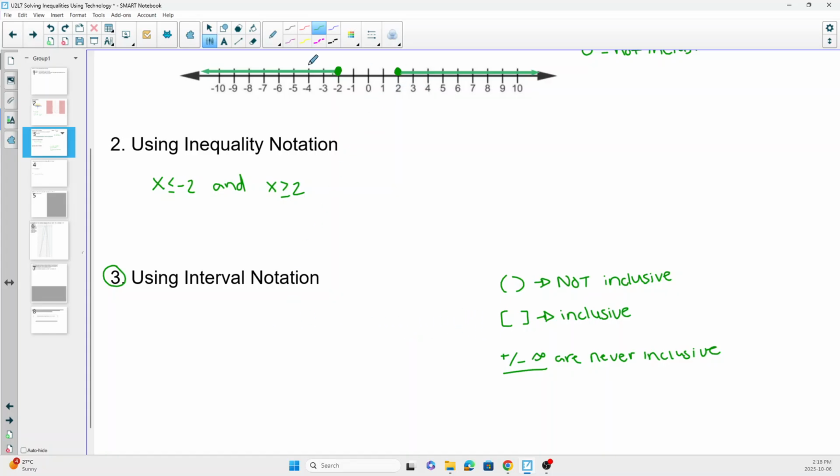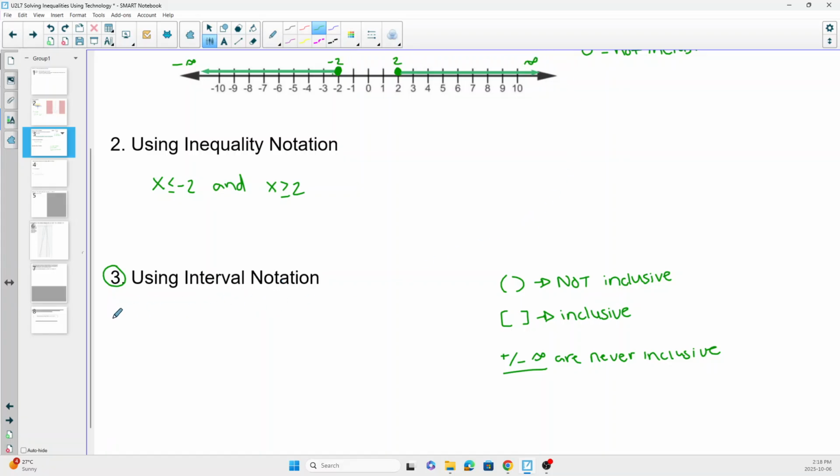So if we were talking about this interval here, so anything less than or equal to negative 2 and anything greater than or equal to positive 2, really what the interval here is anything from negative infinity all the way up to negative 2, and anything from positive 2 all the way up to positive infinity.